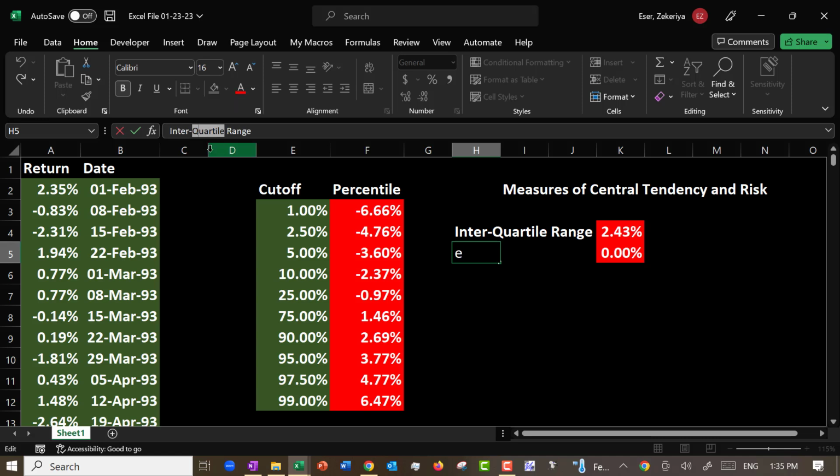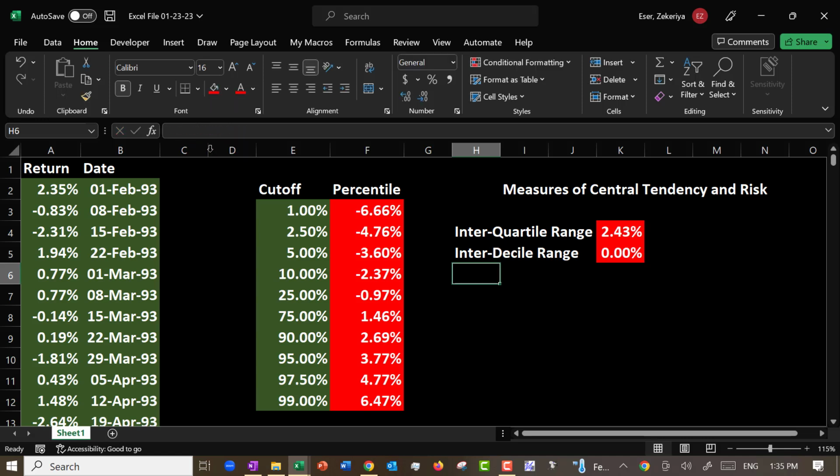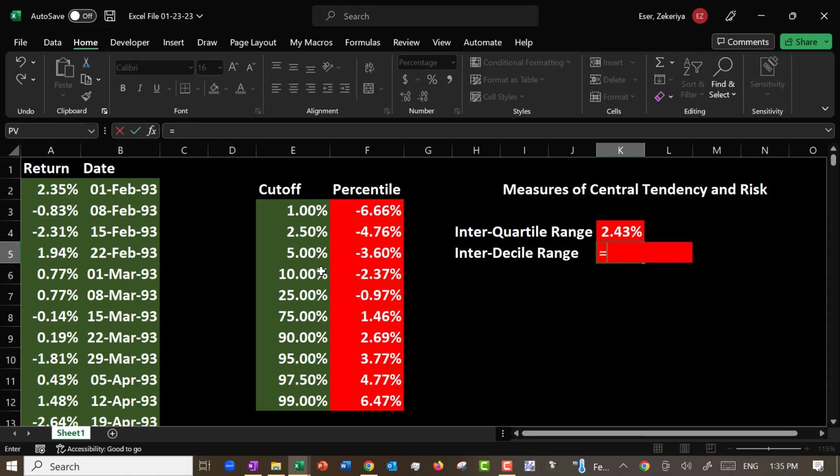The 10th percentile is called the first decile, and the 90th is the ninth. 90th minus 10th.